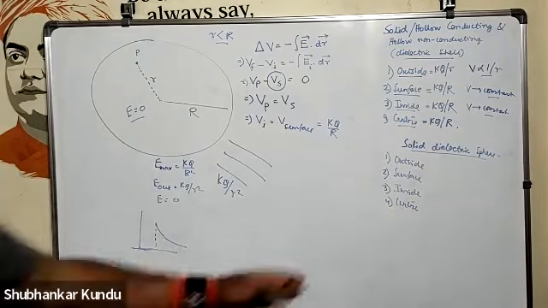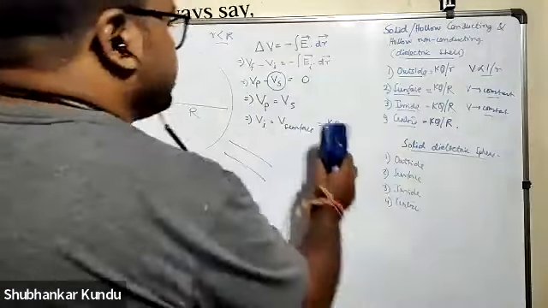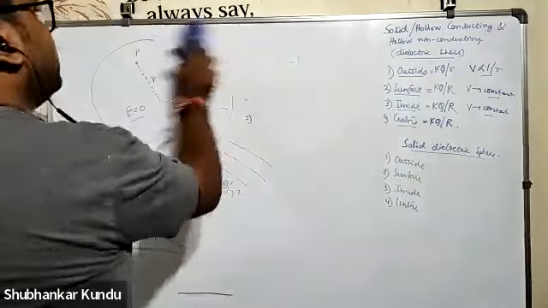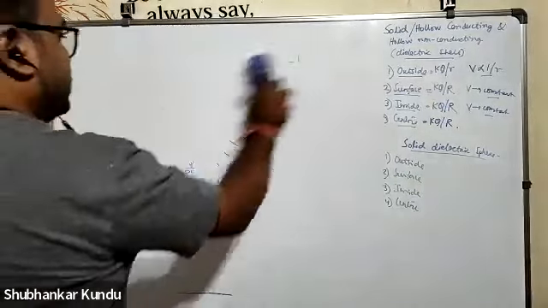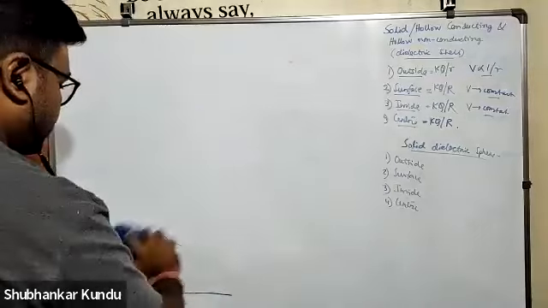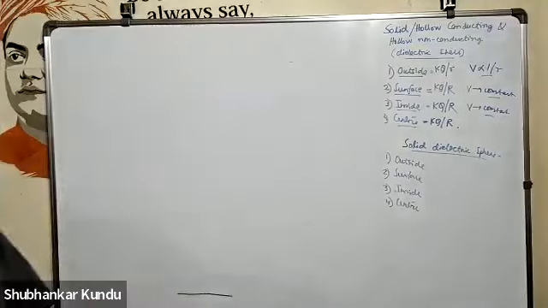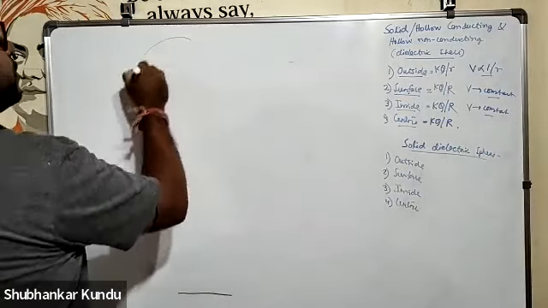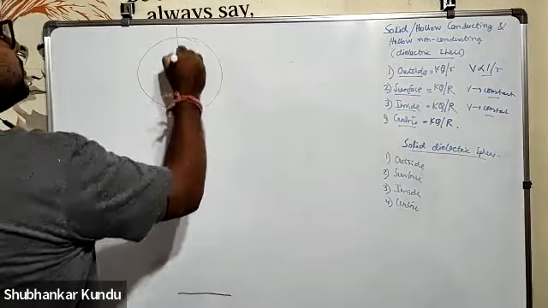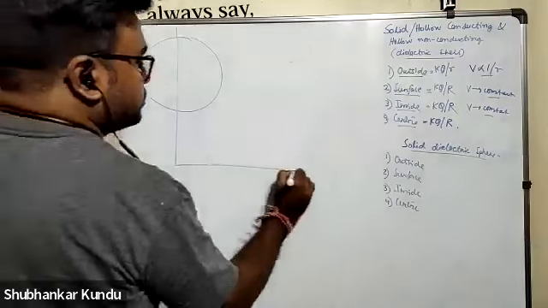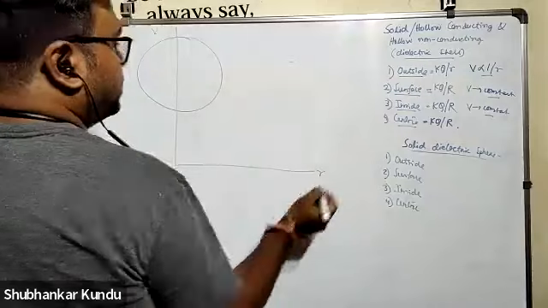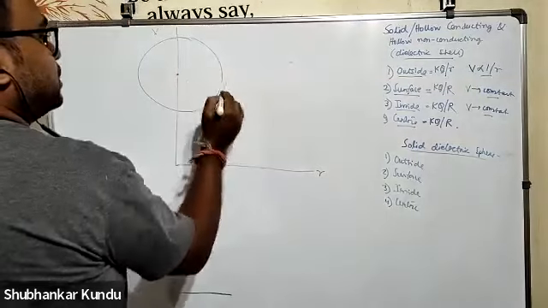So before getting into these things, let us see a graph. V versus R graph, for a solid conducting or hollow non-conducting sphere. Along the y-axis V, along the x-axis R. This is the center.